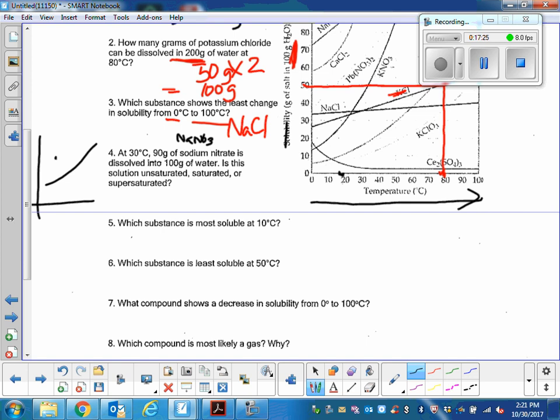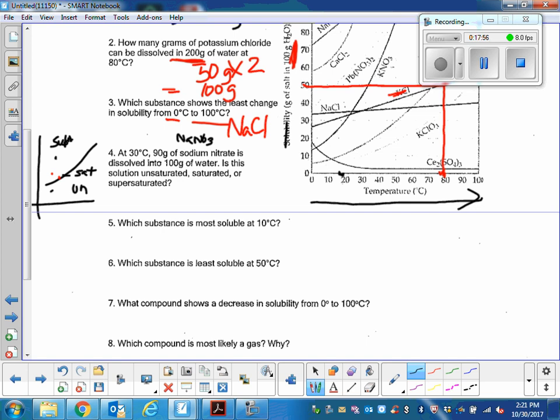If it's on the line, it's a saturated solution. If it's below the line, it's an unsaturated solution. Are we good?